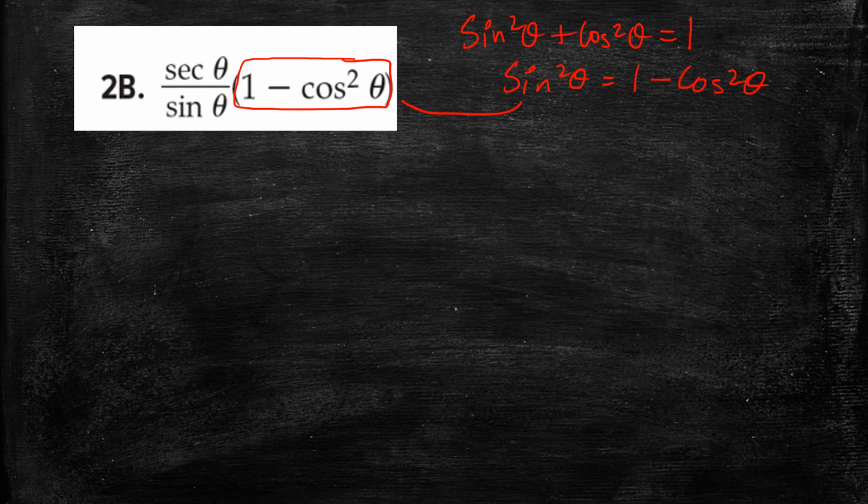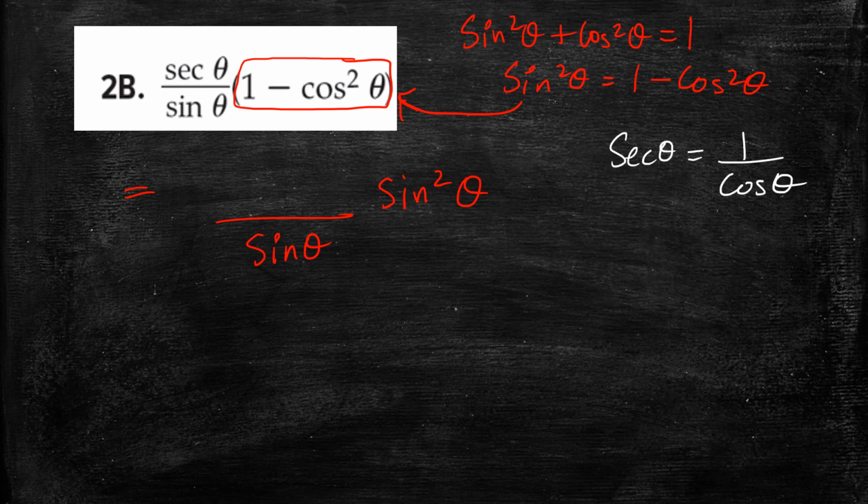So directly here in this step I can replace 1 minus cos square with sine square theta. Okay, now what about secant? Yes, I can apply the reciprocal. So secant theta is the reciprocal of cos theta. So plug it in there and replace secant with its reciprocal.